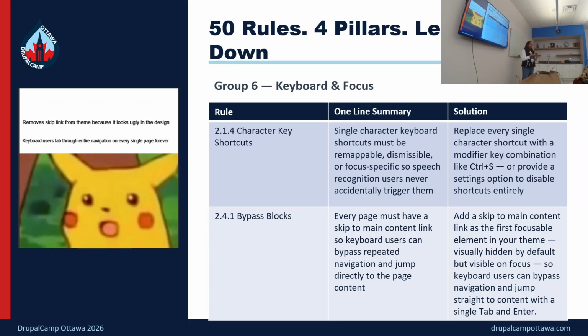Suppose you are the end user, you have to use the keyboard, not the mouse, and you have to tab just to jump to the main content. It's so tedious. You have to go through every single navigation item. No, that's not a good practice. We need to provide a bypass block. Solution, add the skip link to the main content, make it visually hidden but visible on focus, so that the user can bypass and jump to the main content straight away.